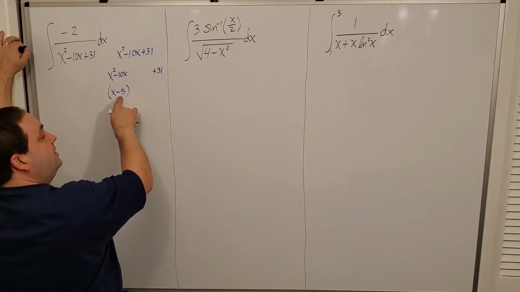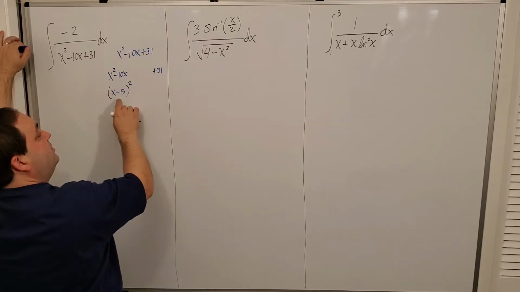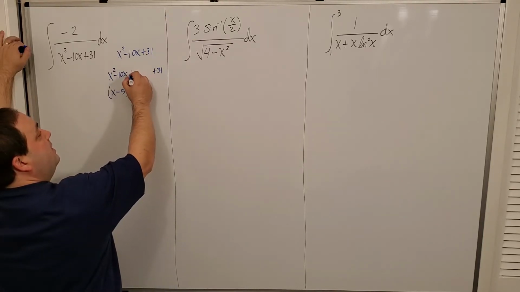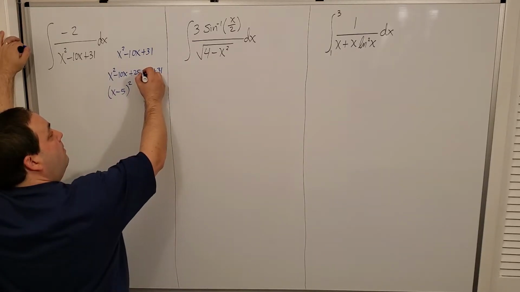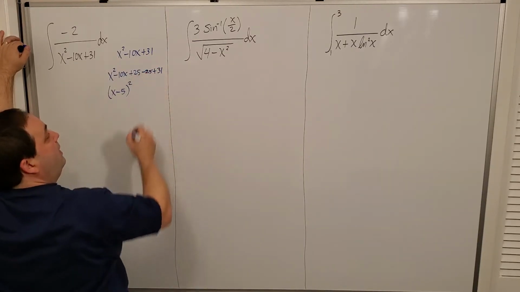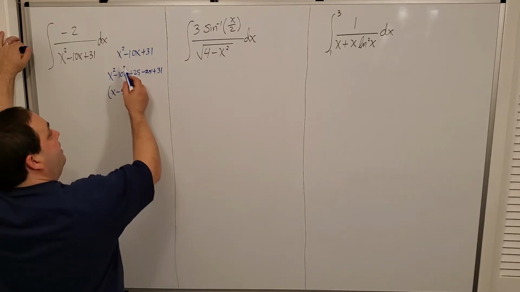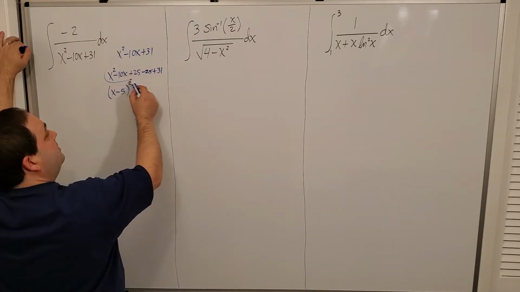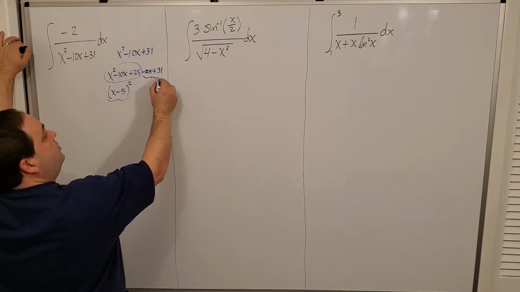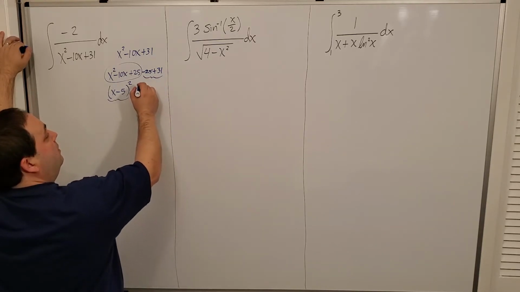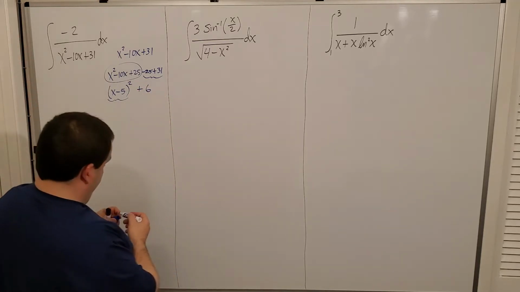Half of the negative 10 is 5. And if it's going to be squared, then that means I needed a plus 25 here. The way I make that work is I put a minus 25 right next to it. And then these 3 pieces right here factor into this piece. And then these 2 are just going to straight up add so that I have plus 6.